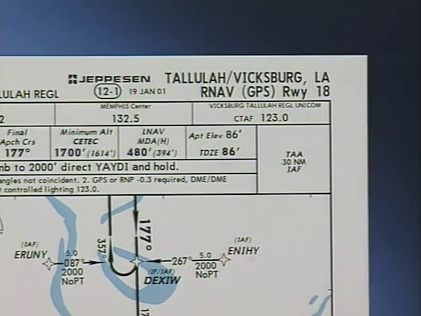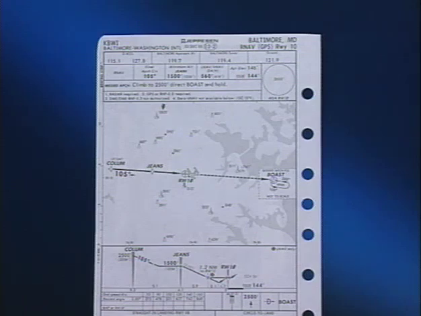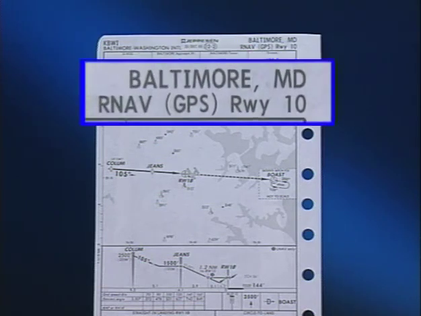The goal of the new RNAV charts is to avoid the unnecessary duplication of charts. All GPS approaches, both unaugmented, today's GPS, and augmented, WAAS and LAAS when operational, are published using the same new chart format. The approach is titled RNAV (GPS) and the runway number.